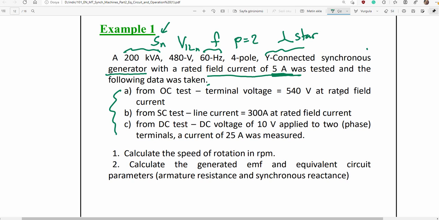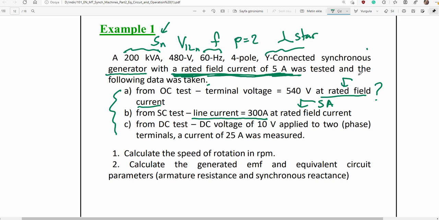Okay, from short circuit test, line current is 300 amps at rated field current, 5 amps. From open circuit test, terminal voltage is 540 at rated field current. Rated field current is 5 amps.